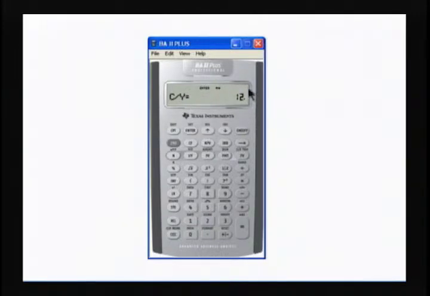I'll up arrow to the compounding periods per year, and for annual, which was the first example, I'll put in a 1, enter that, go up to effective, and I need to compute, and I get 7% for my effective rate. Go back down. It was a 7% APR with annual compounding, and the effective rate is the same as the APR when compounding is once per year.